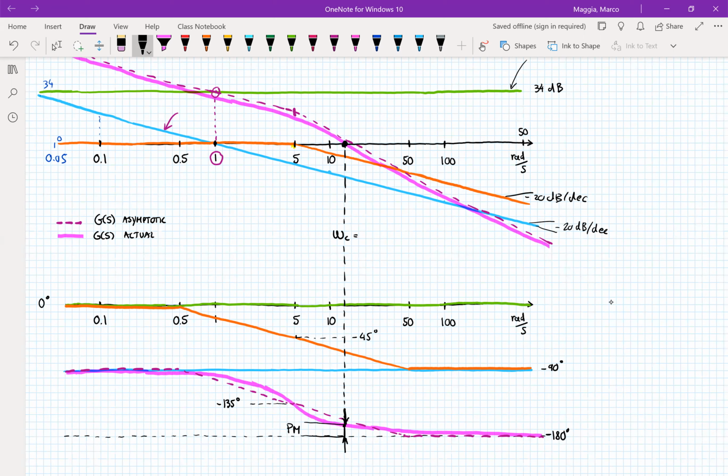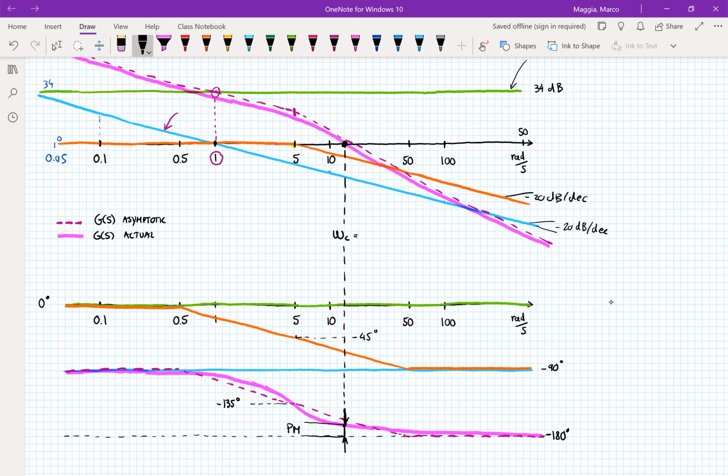So we don't know the value of the crossover frequency yet. We just know that it's more likely greater than 10 if we drew things properly. And so in correspondence to such frequency, we just take a look at where the phase of our actual plot is, and the difference between that point and the -180 degrees line is going to be our phase margin.